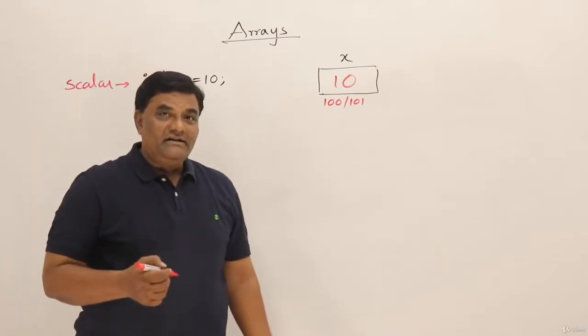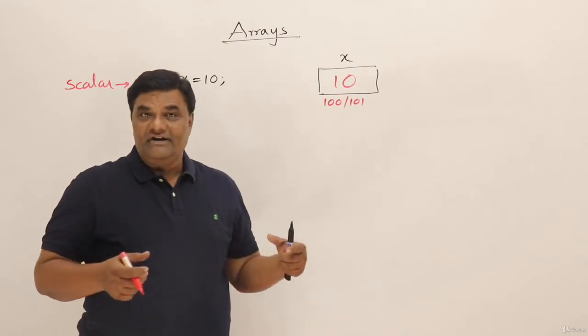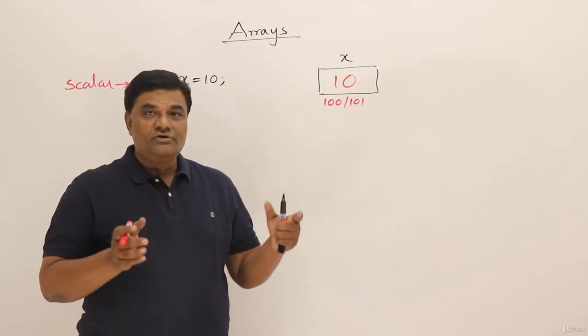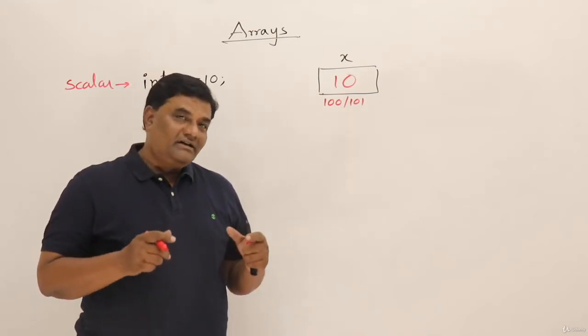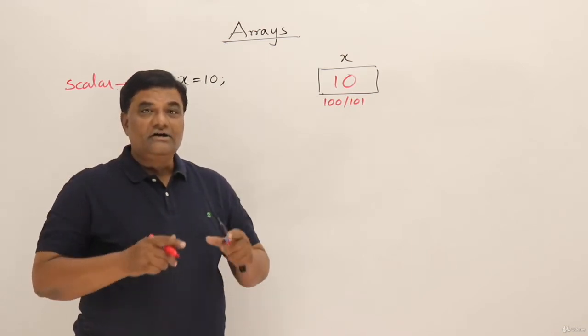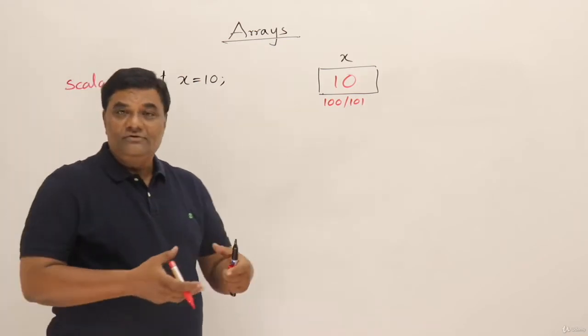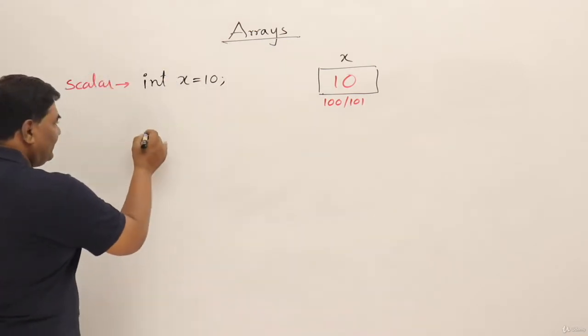Then what is an array? We can store multiple values, that is a list of values or a set of values. So an array is a collection of elements and all the elements are of the same type. An array is a collection of similar data elements grouped under one name. Suppose instead of just one value, if I have to store a list of values, then I can declare an array.